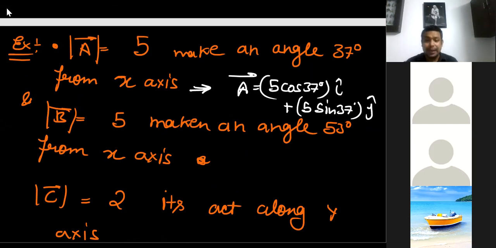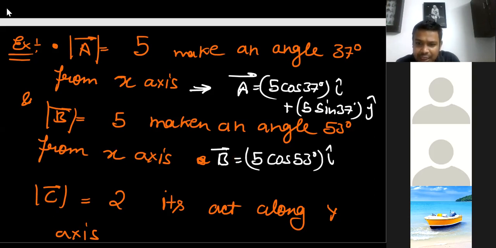Similarly, the information about vector B gives that vector B is 5 cos 53 i cap plus 5 sin 53 j cap.